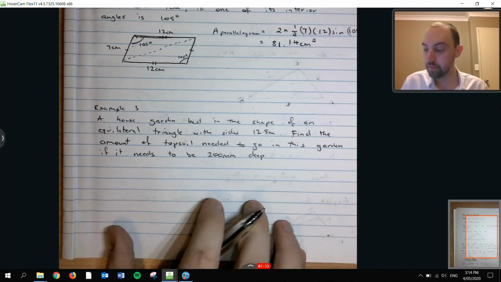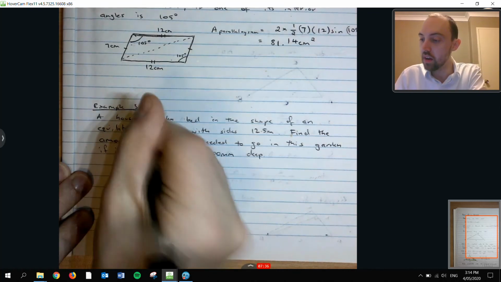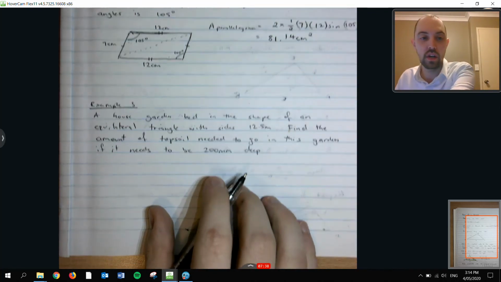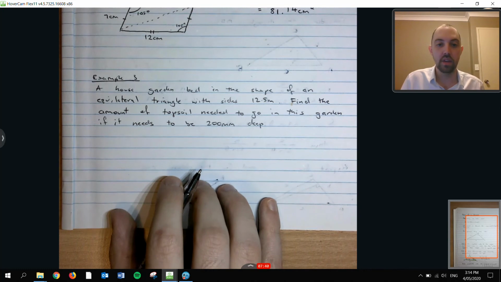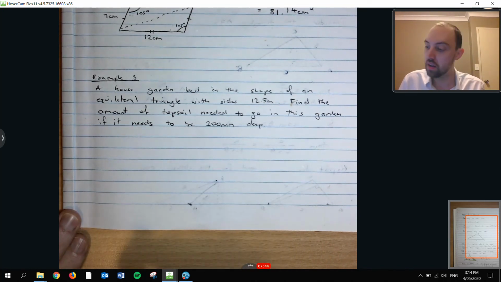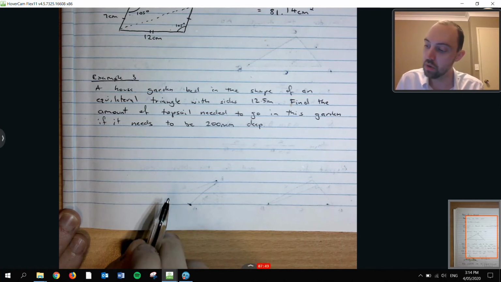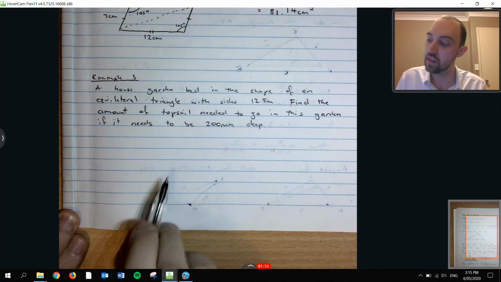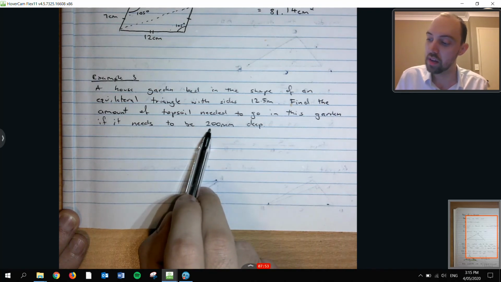Alright, our last example, example 3. We've got a house garden bed in the shape of an equilateral triangle with sides 12.5 meters. Find the amount of topsoil that needs to go into this garden if it needs to be 200 millimeters deep.